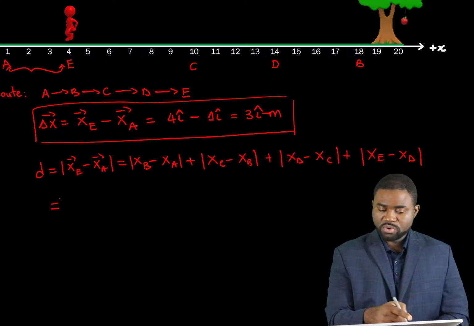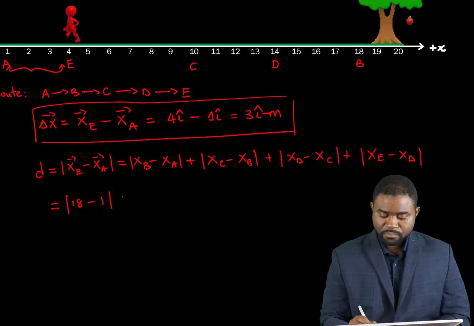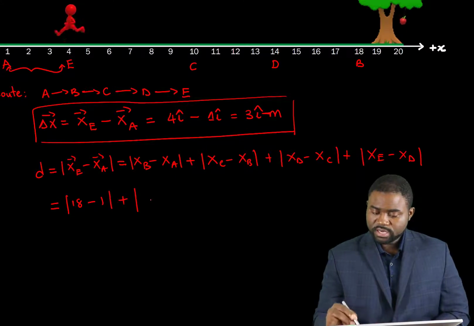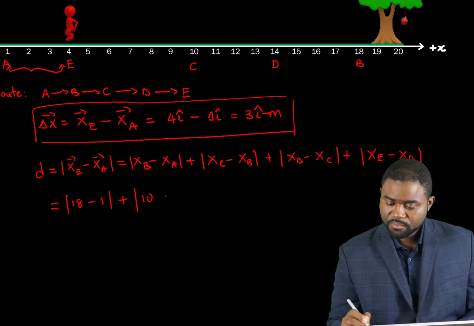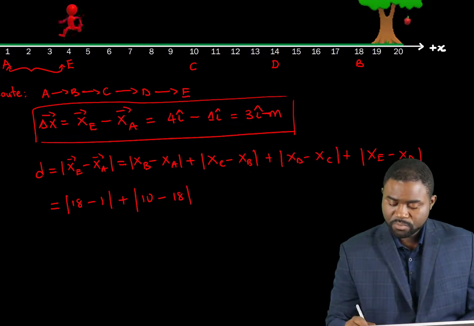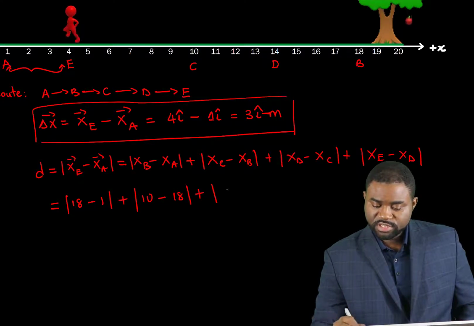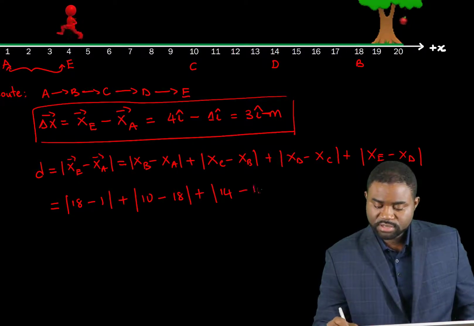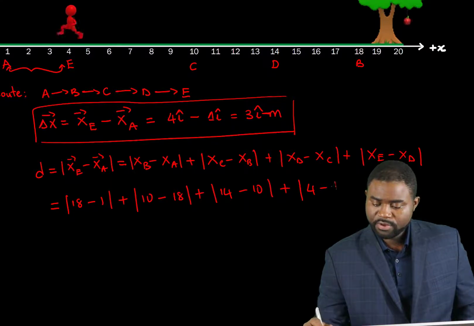So this will be equal to the magnitude of 18 minus 1, plus x of c, which is 10, minus 18, plus x of d, 14 minus 10, plus x of e, 4 minus 14.